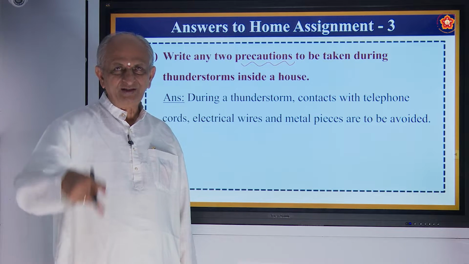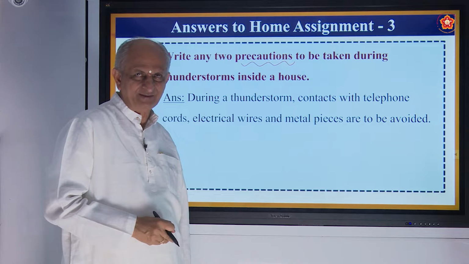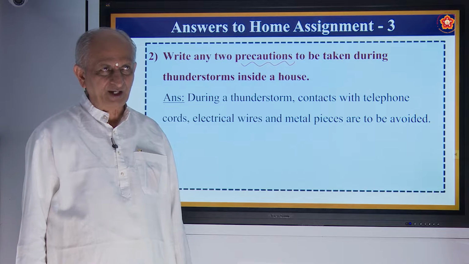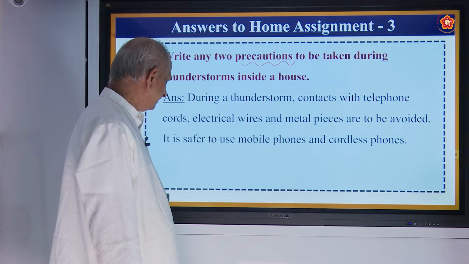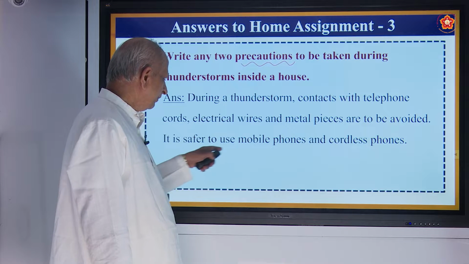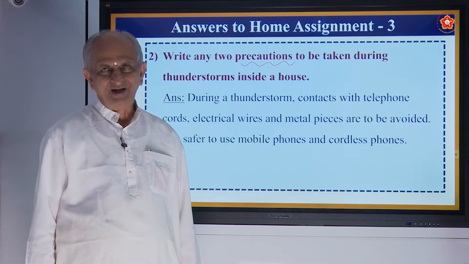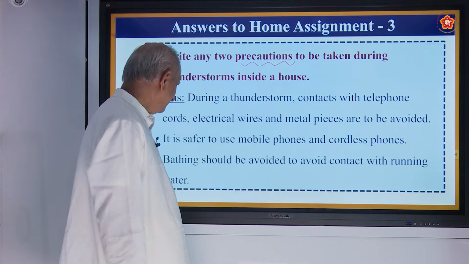Of course, I am talking about the standard telephones, not mobiles. Mobile is actually harmless as far as the lightning aspect is concerned. It is safer to use mobile phones and cordless phones, not the regular phones having wires. Correct?